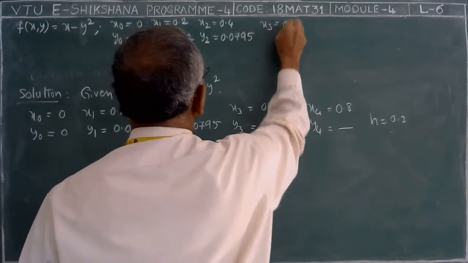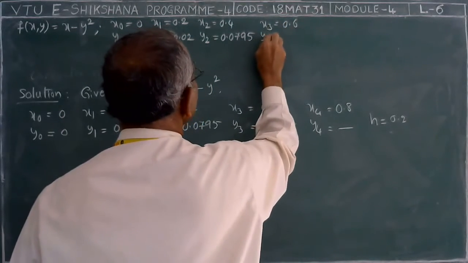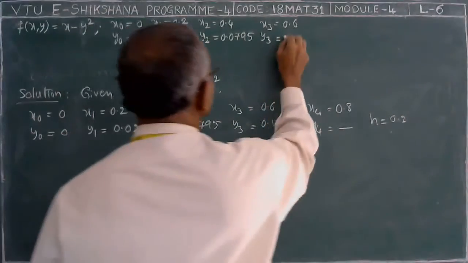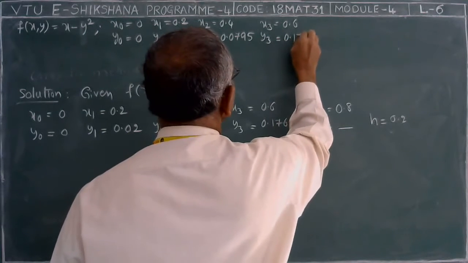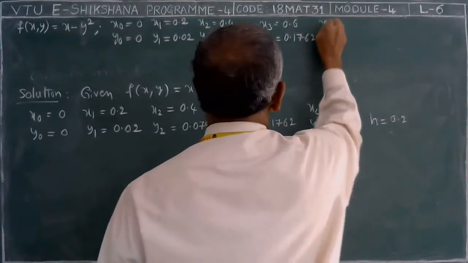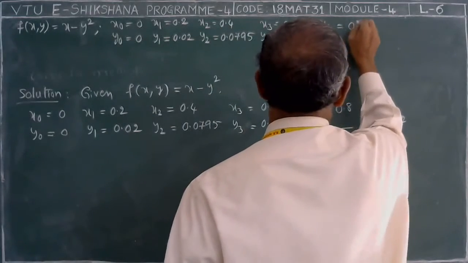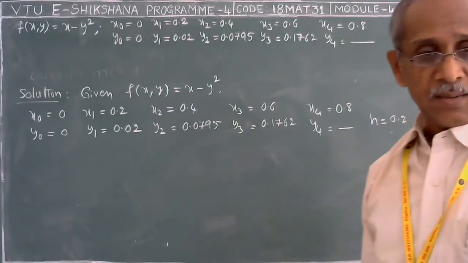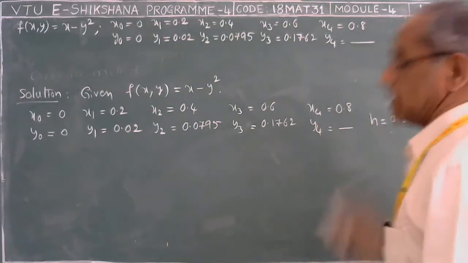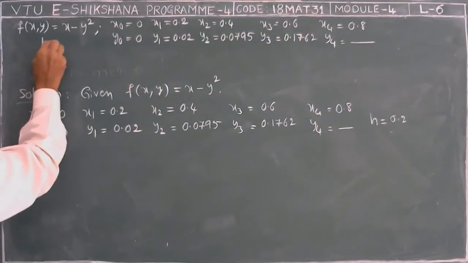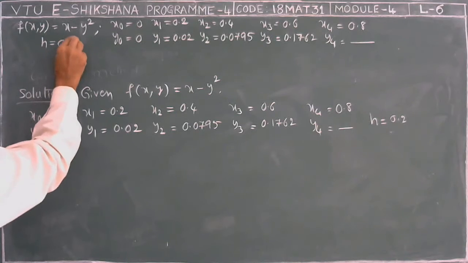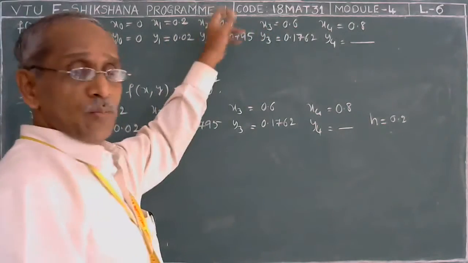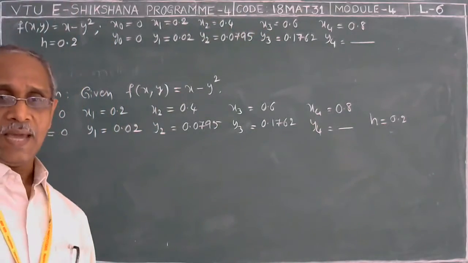Then x3 is 0.6, the corresponding value y3 is 0.1762. Then x4 is 0.8 and we have to calculate this value using Milne's predictor corrector method. So h is 0.2. Take any difference: x2 minus x1 is 0.2, x3 minus x2 is 0.2, so equidistant values of x.